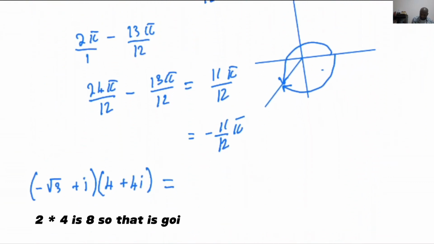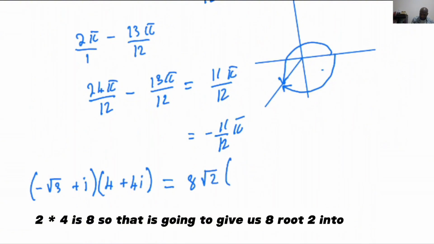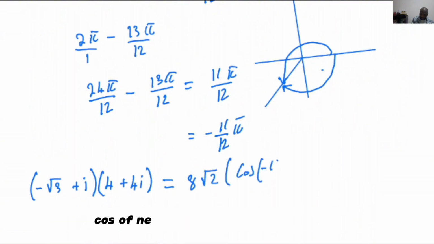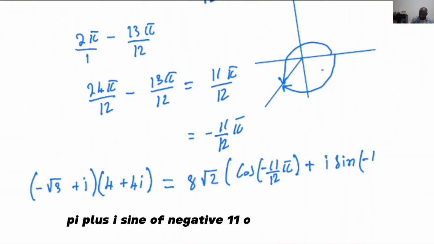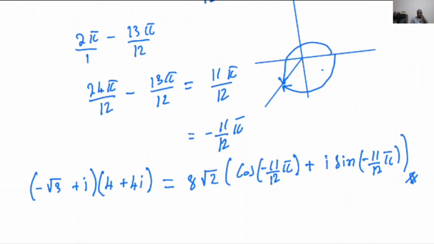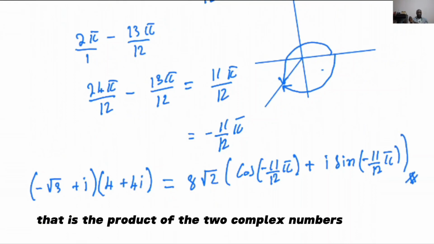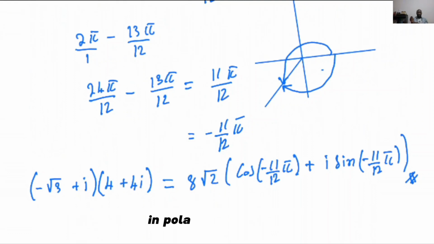So that is going to give us 8 root 2 into cos of negative 11 over 12 pi plus i sine of negative 11 over 12 pi. That is the product of the two complex numbers in polar form.